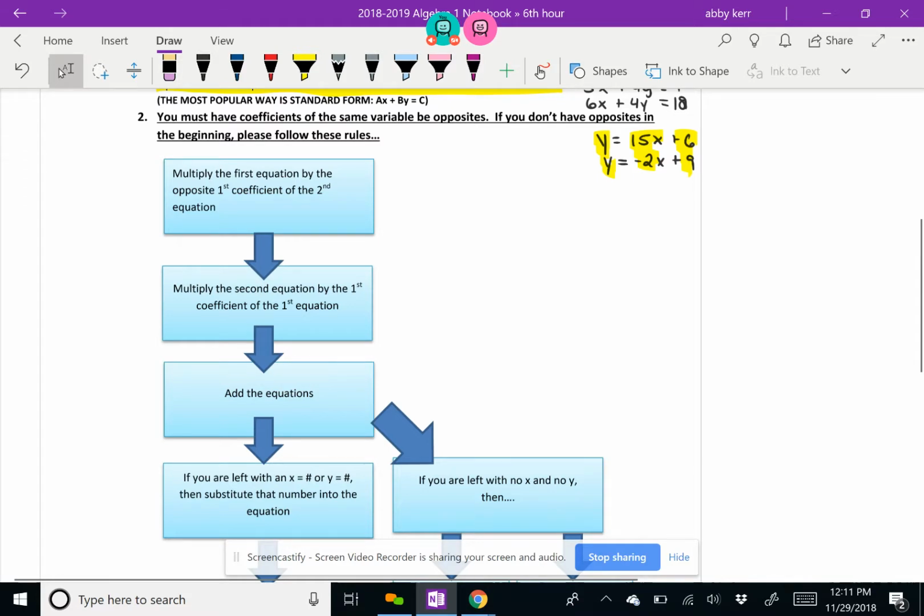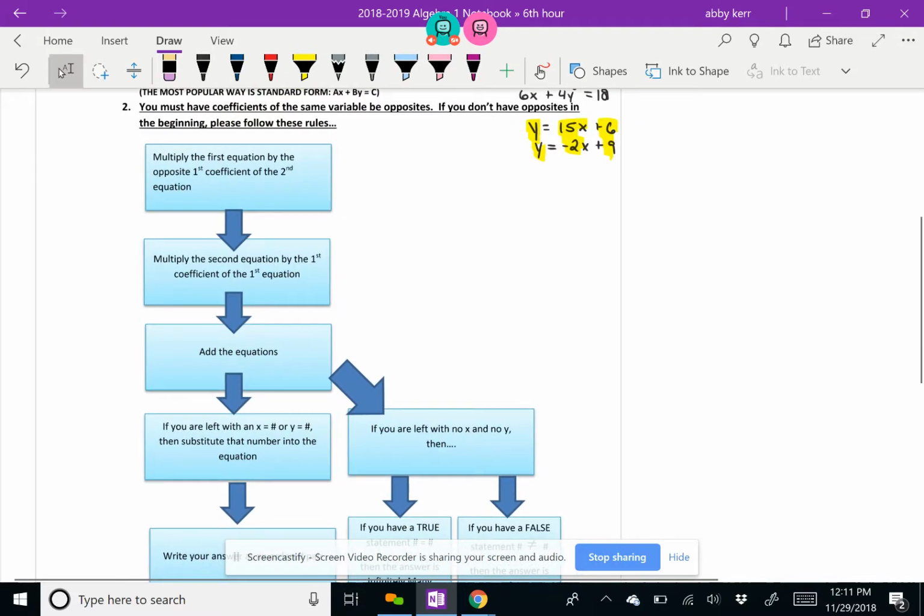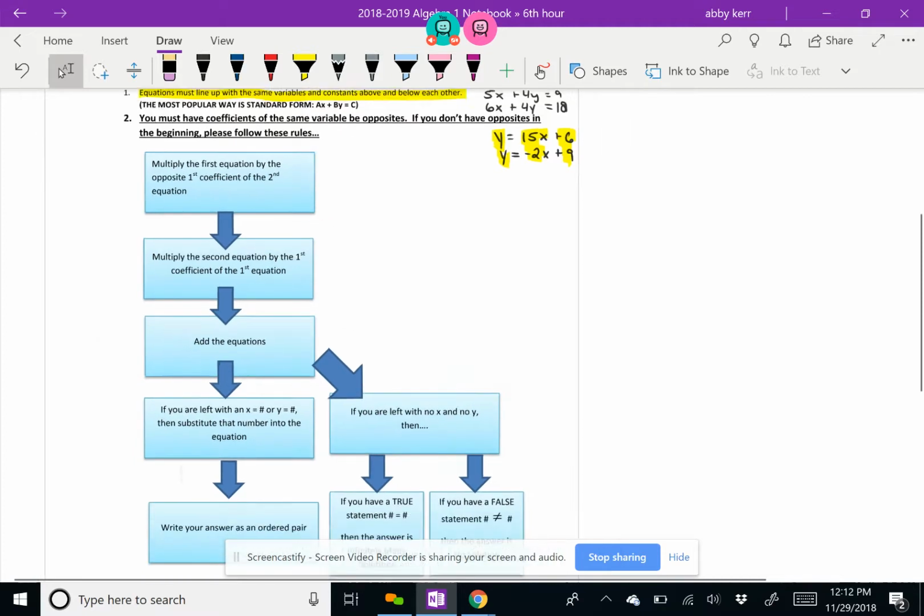Some of you may learn really quickly that you don't have to follow all these steps, but if you don't see it quickly, this flow map will never change, and you can always get the right answer if you use it. So whenever you're doing elimination, keep this page of notes out. Now, I'm going to flip to the other notes, but I'm going to use this as a reference. Whenever I speak about the flow map, I am referring to this flow map.